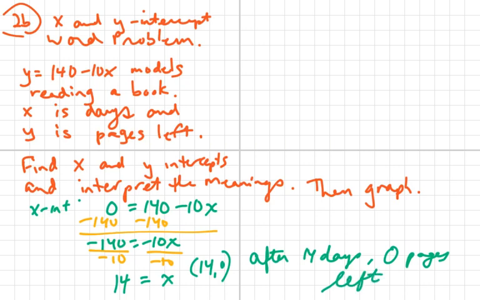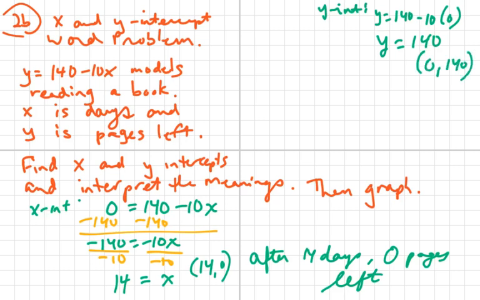And then the Y-intercept, running out of room, I'm going to do it up here. So the y-intercept is when x equals 0. So you have y equals 140 minus 10 times 0. So that gives you y equals 140. So it's 0, comma 140.